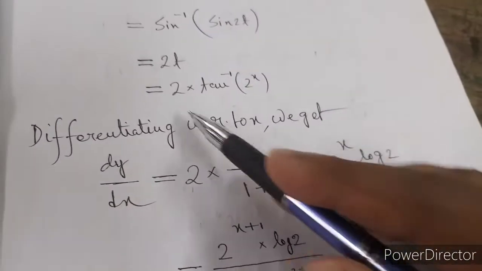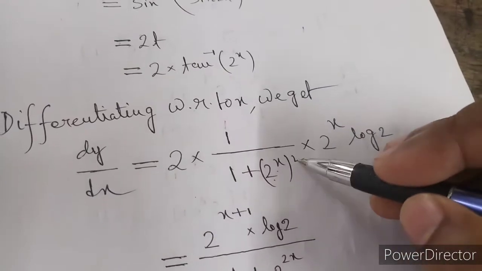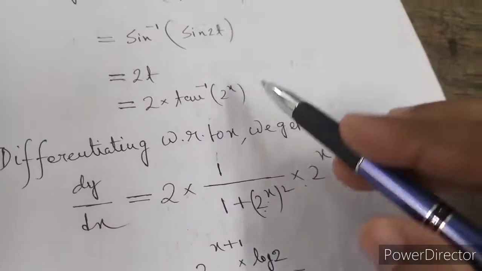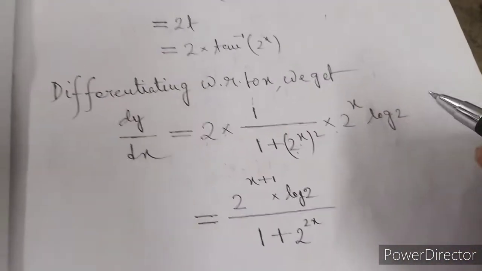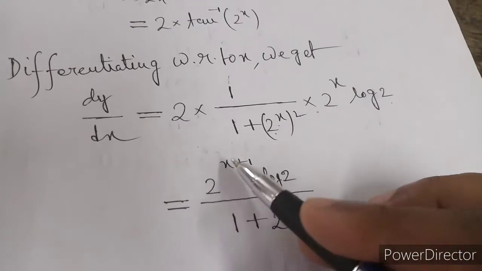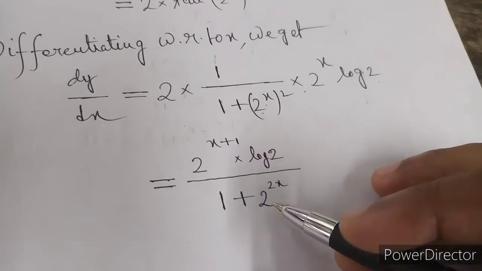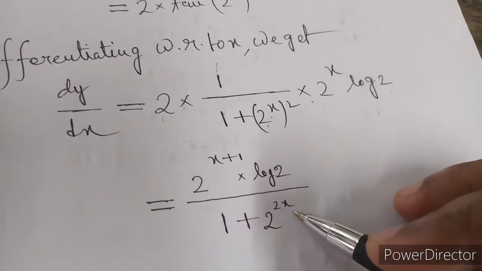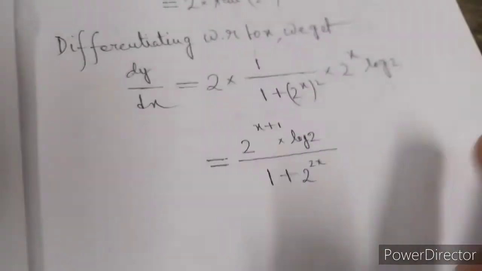We get 2 is the constant, derivative of tan inverse x is 1 by 1 plus x square, so 1 by 1 plus 2 to the power x whole square, into derivative of 2 to the power x, that should be 2 to the power x into log 2. So the answer should be 2 into 2 to the power x, that is 2 to the power x plus 1, and log 2 is there, over 1 plus 2 to the power 2x. Clear? So it is our answer.